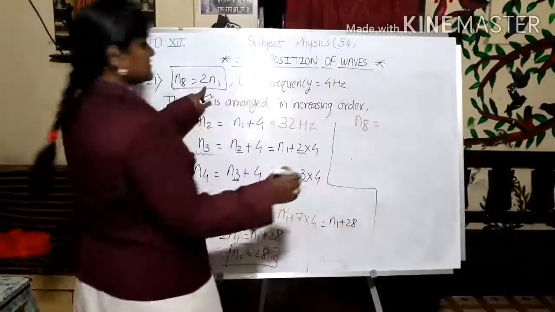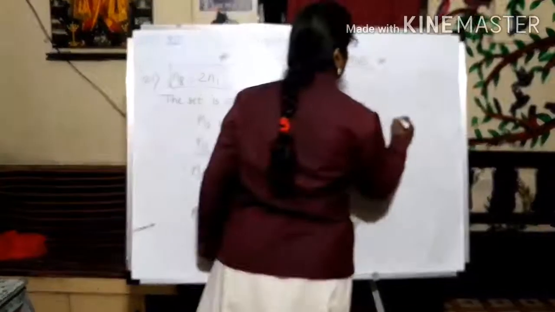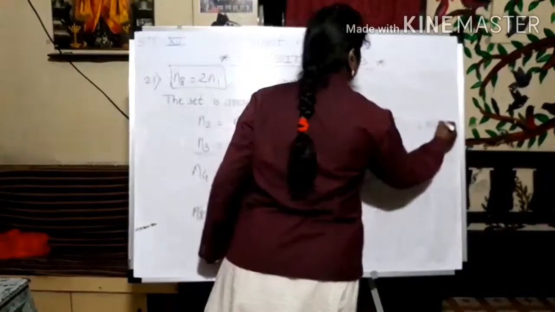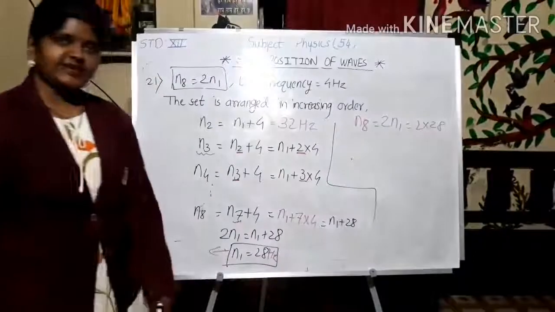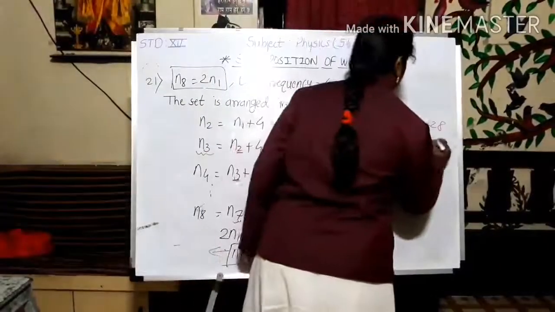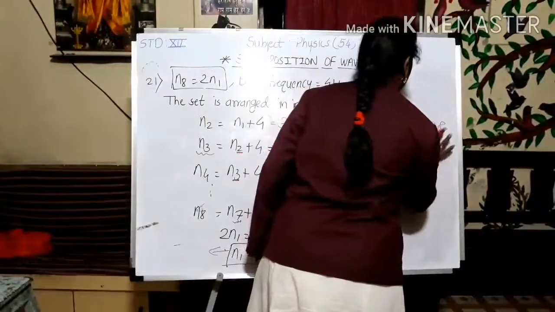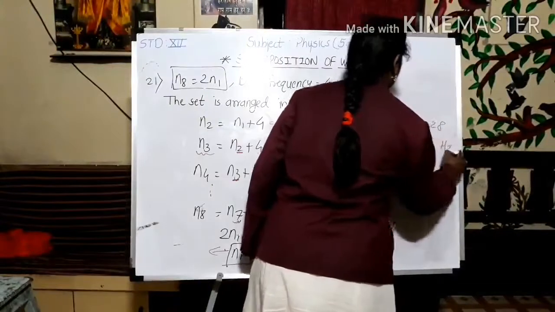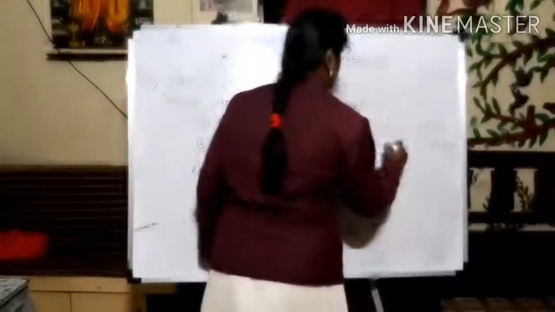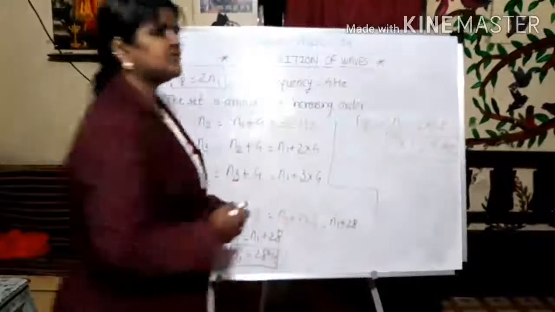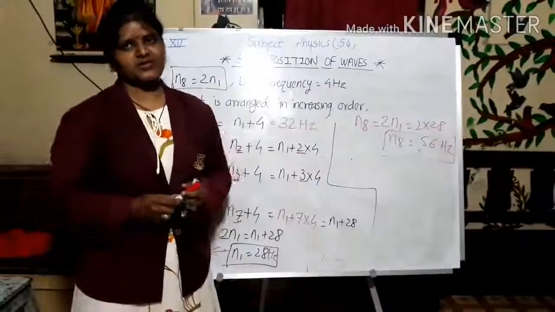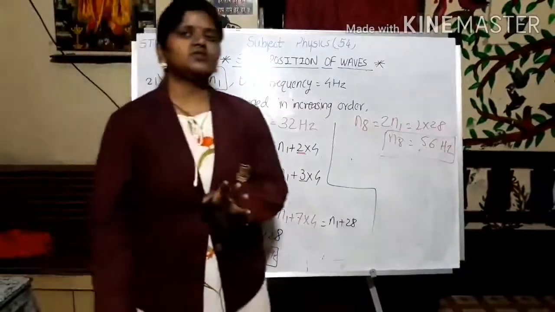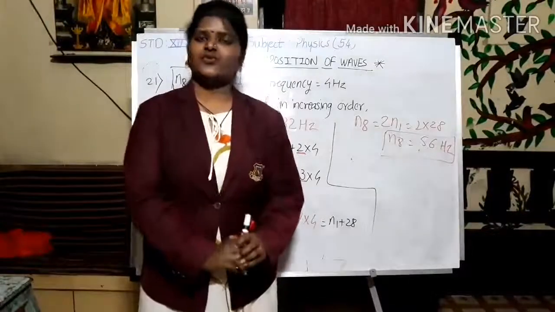As N8 is twice N1, it is twice of 28, so it will be 56 hertz. So this is what you got: the first frequency and the last frequency. In this way you can find the frequencies of the sonometer.